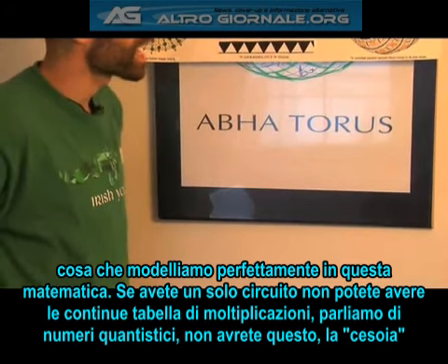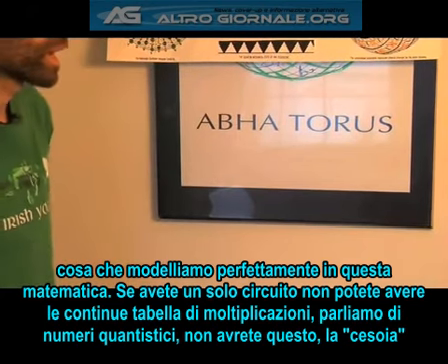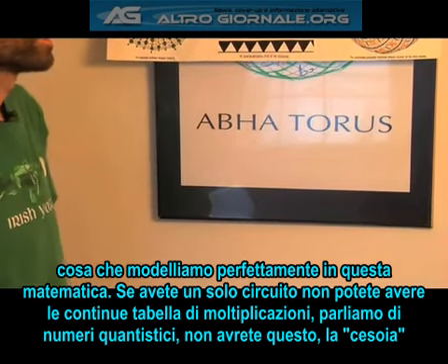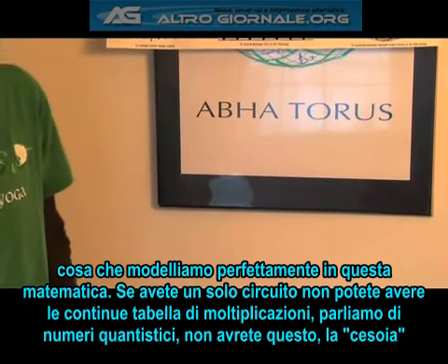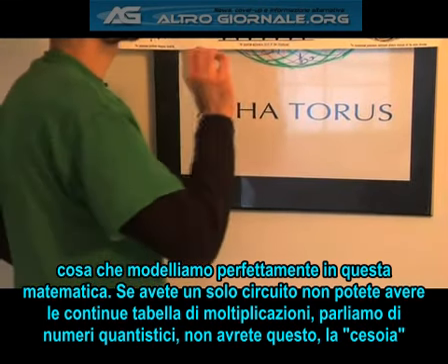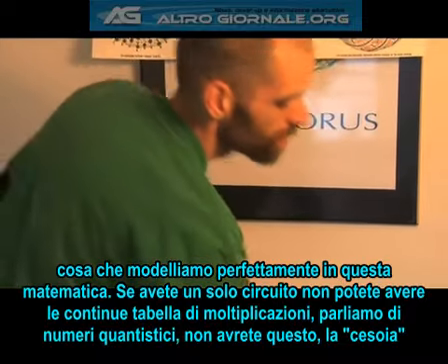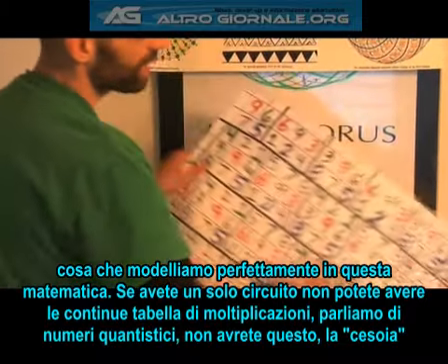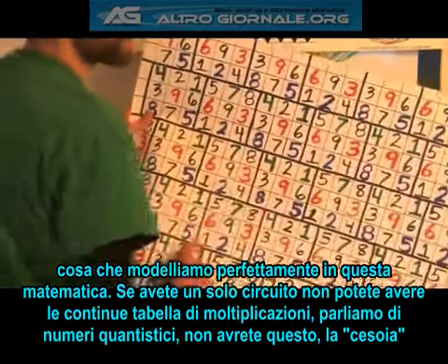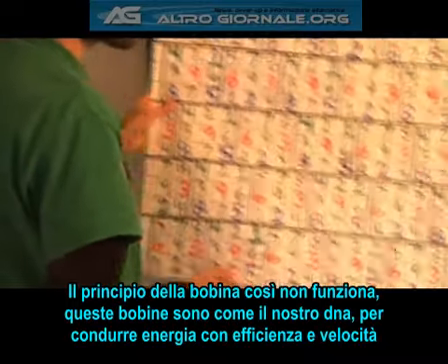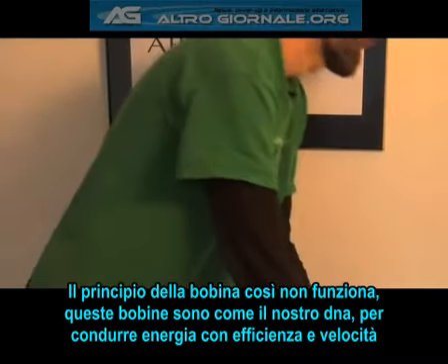But if you only have one circuit going all the way around, you cannot get your unbroken multiplication tables, which means when we're talking about quantum numbers, you don't get this lining up. You cannot have the shearing. Even the principles of the coil cannot work.